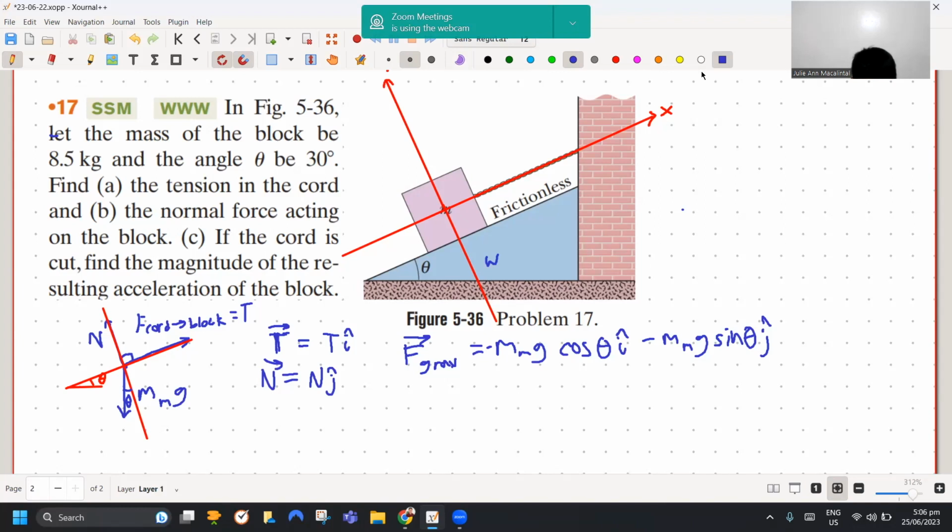Okay, no. So if it's not accelerating, what is the net force? Zero. Net force. So the sum of all the forces, F net vector, because this is a two-dimensional problem. So it has a vector sign on top. It's only the magnitude otherwise. So please put an arrow symbol over the F net.